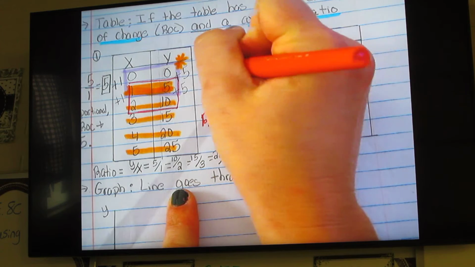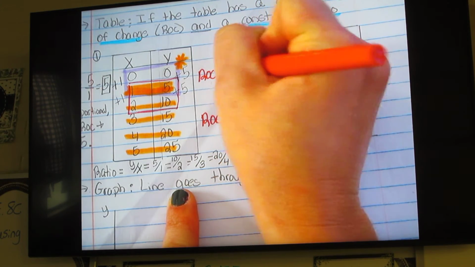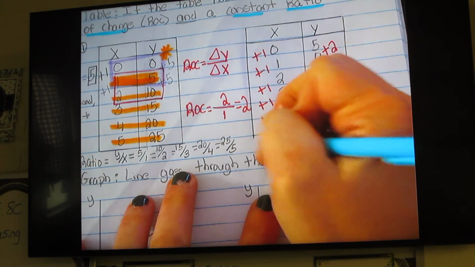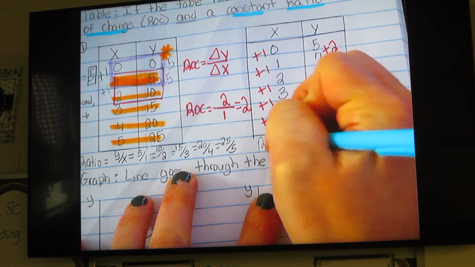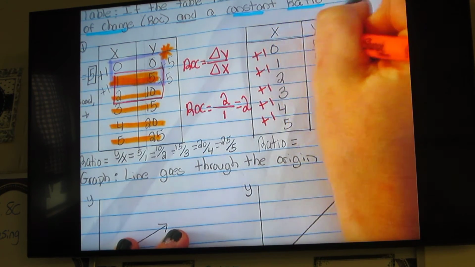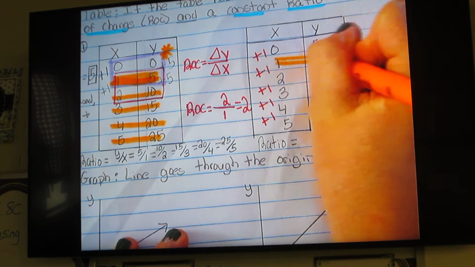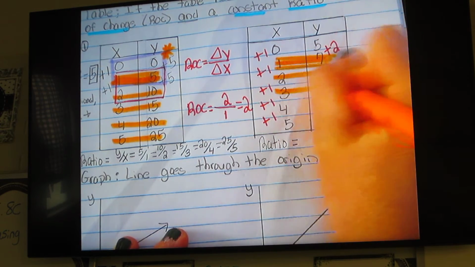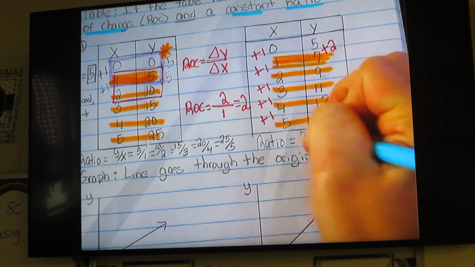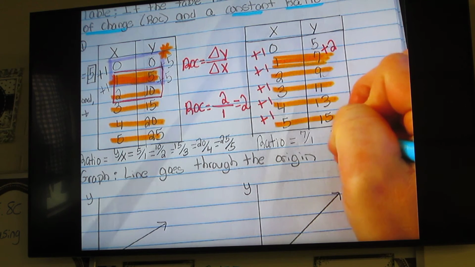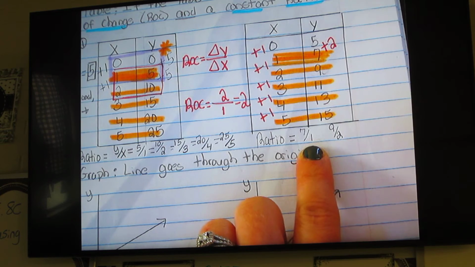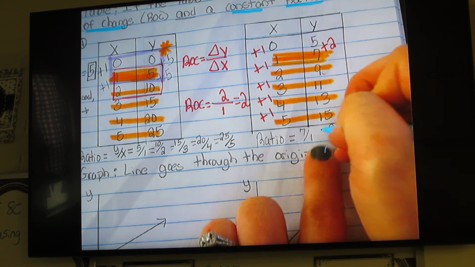And I'll put ROC equals just to kind of remind you of what we're doing here. Now, let's check about proportional. Once again, let's set up our ratio. And we need to do each individual. And remember, don't use the x 0 point. Don't use that y-intercept, which is what that is. Start with x is 1. So I do my 7 over 1. And immediately when I go and do my 9 over 2, I already realize 7 over 1 simplifies to 7, and 9 over 2 simplifies to 4.5.